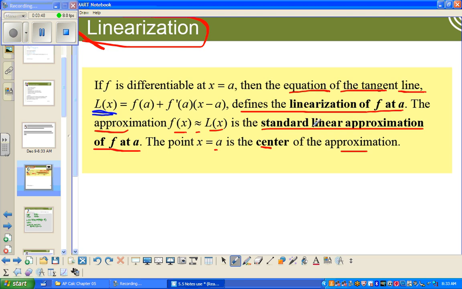It's called the standard linear approximation of f at a. And also to note, x equals a is what we call the center of the approximation. So again, we're looking at values close to a, and we're going to plug those values into the equation of our tangent line to get approximations for our function f.